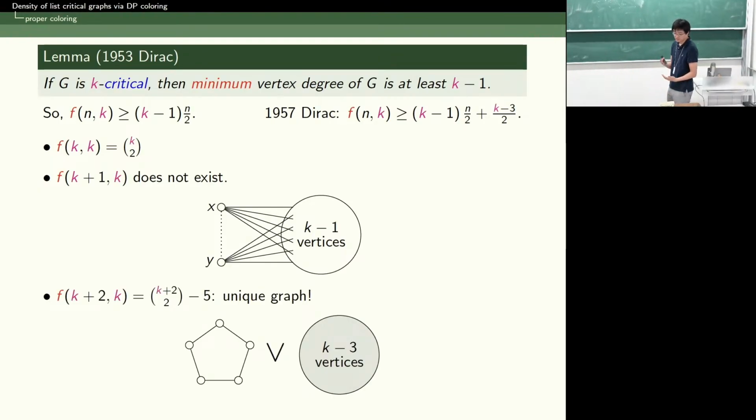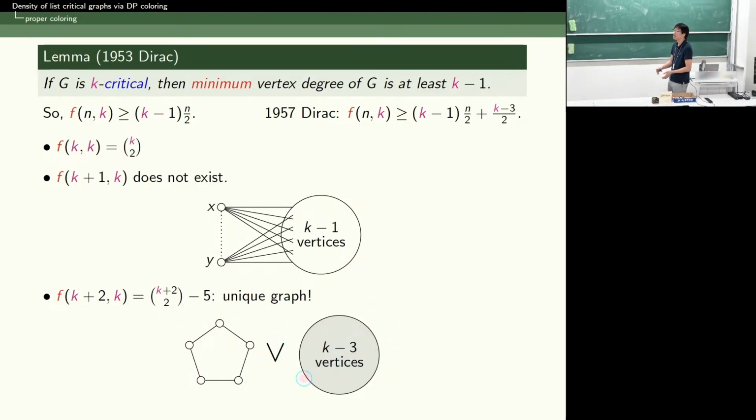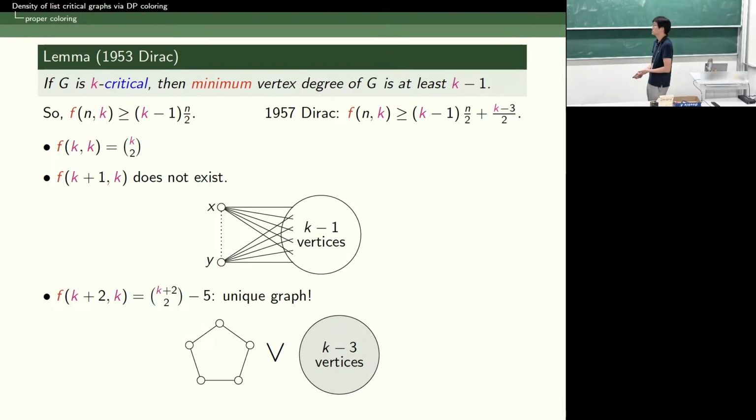So now you have k plus 2 vertices, and you want a k-critical graph, and you can do some similar arguments, and you can conclude that your graph looks like this. What's this? This is a complete graph where a five-cycle is missing. I phrase it like I drew this picture saying you have a five-cycle on the left, and on the right you have all the other vertices, k minus 3, because your entire graph has k plus 2 vertices.